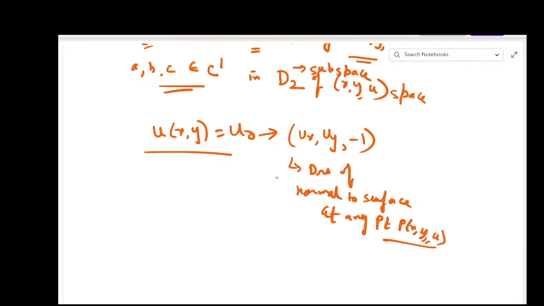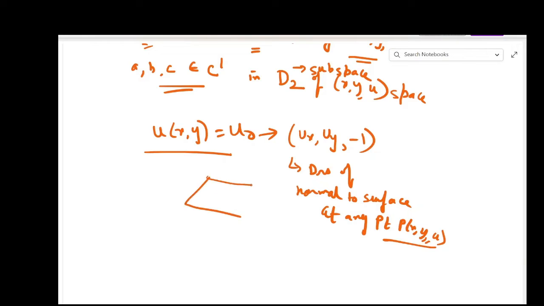Now, if these are the direction ratios of the normal to the surface, the normal is always perpendicular to the tangent at that point P to the surface. If we are speaking of a surface, then at any point we can consider there is a tangent plane, so in the tangent plane there are infinitely many tangents to the surface passing through that point.